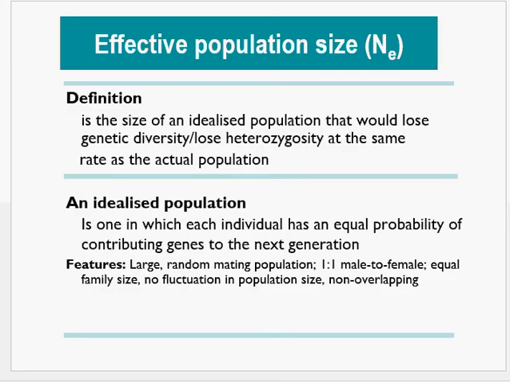So the effective population size is the size of an idealized population that would lose genetic diversity or lose heterozygosity at the same rate as the actual population. So the idealized population that would lose genetic diversity at the same rate as the actual population.